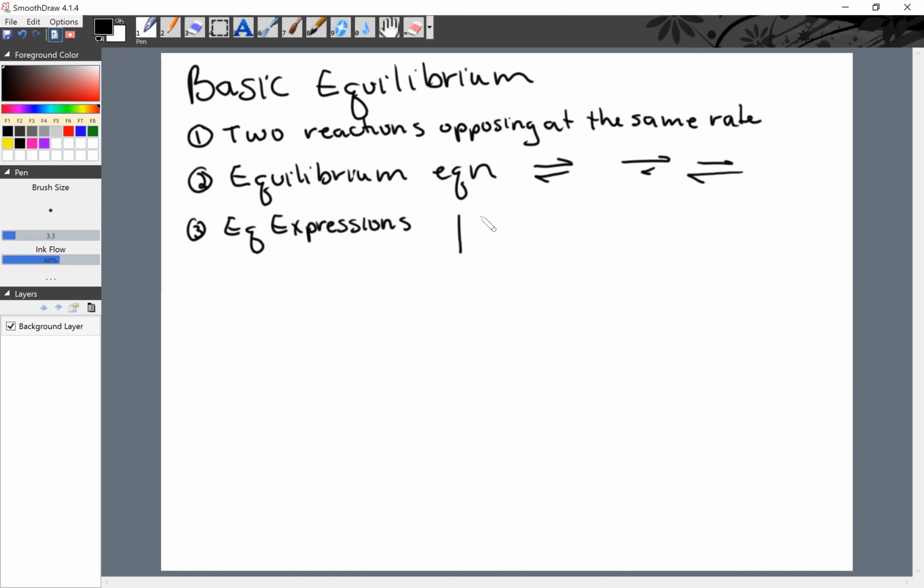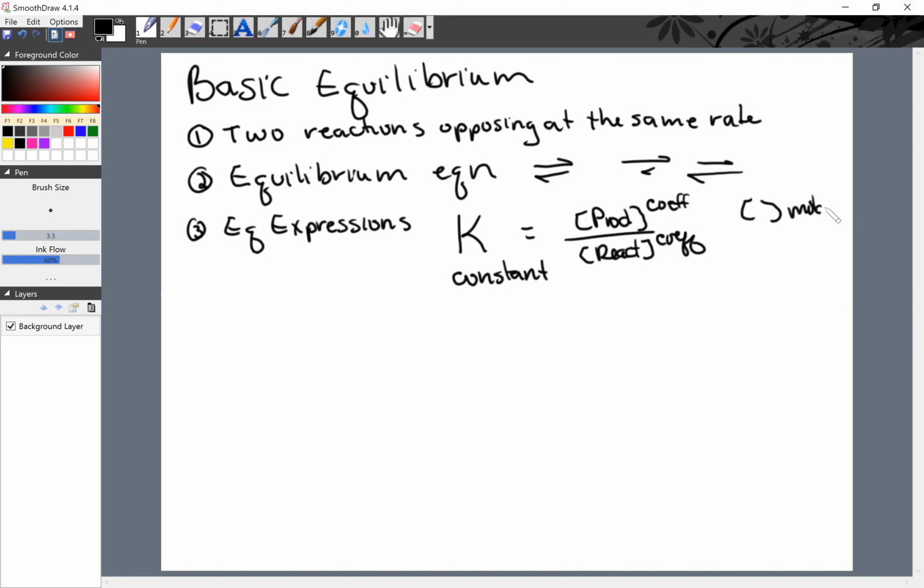So that's the big K, the constant, is equal to the products multiplied together to their coefficients all over the reactants to their coefficients. And you may plug in molarities or pressure at equilibrium.